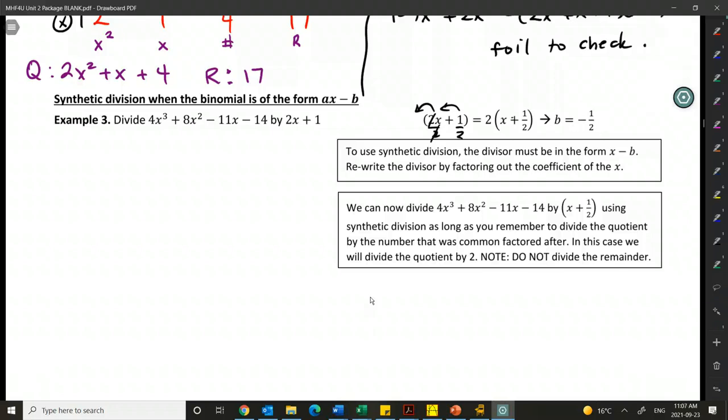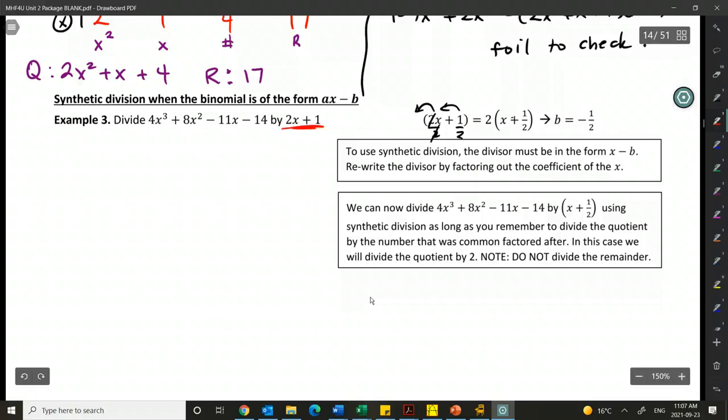It's also the value that we have practiced with zeros for x-intercepts. So negative 1 over 2, it's as if we set this equal to 0 and solve for x. But we have to get this into a form where we have x plus a number, and then we can use that for synthetic division. So in this case, my b value will be that negative 1/2.